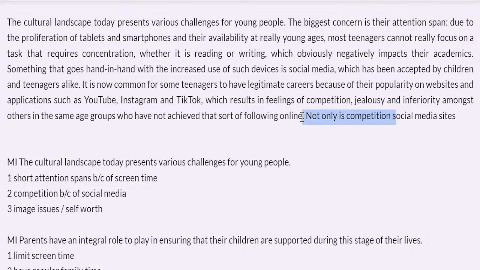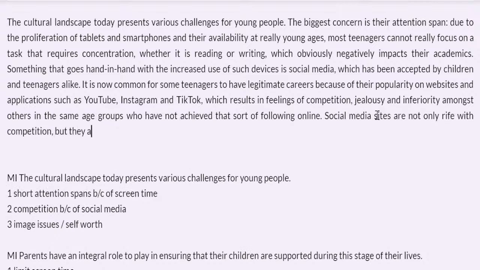Social media sites are not only rife with competition, but they are also hotbeds of self-worth. What's that called? I think, oh yes, self-worth.